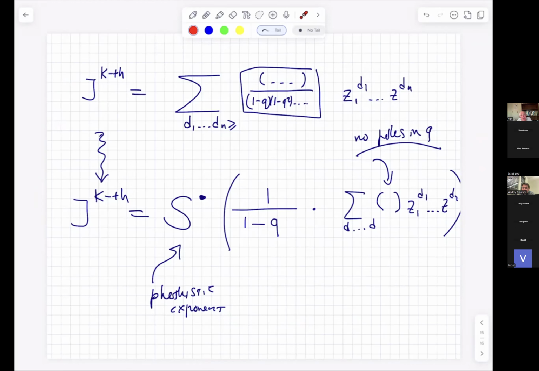If you want to prove that something is an integer, you use that modulo all sufficiently large primes it's an integer, this kind of technique. And indeed, those invariants and this integrality result appeared exactly in the argument with the plethystic exponent.